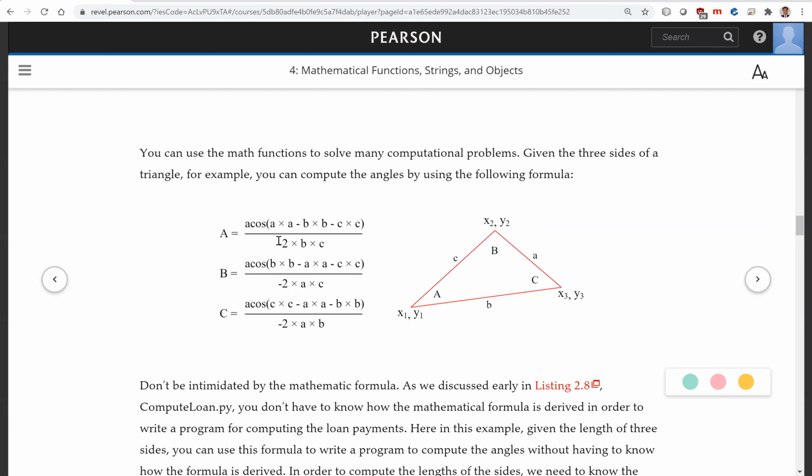Please note that when you write these programs, all the formulas are given to you. So you don't need to know how the formulas are derived. Given the formula, you'll be able to write a program to get the result.